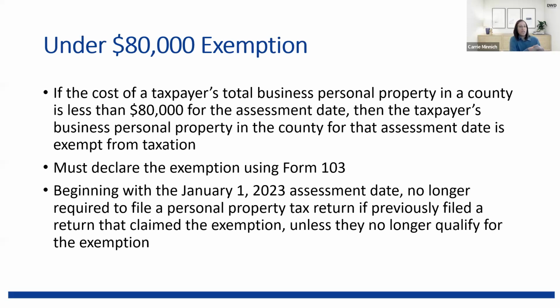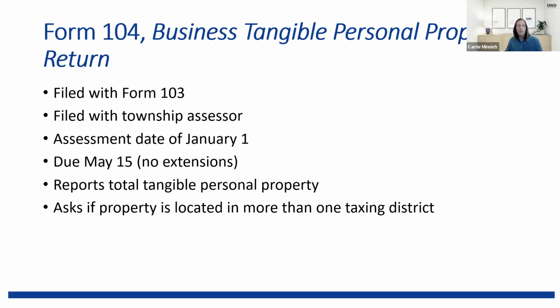If you have a very small amount of property and don't expect it to ever go over $80,000, you could certainly get rid of your tax exempt exemption and use the $80,000 exemption. You certainly could, but I wanted to make it clear that it's one or the other. It's not both of them.